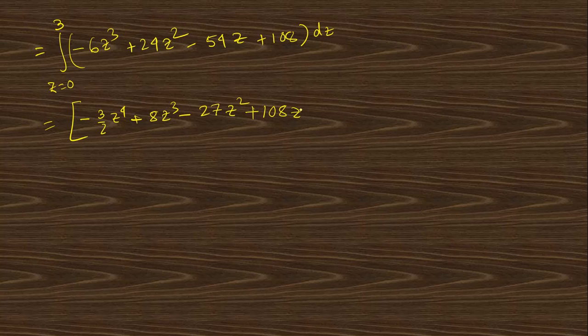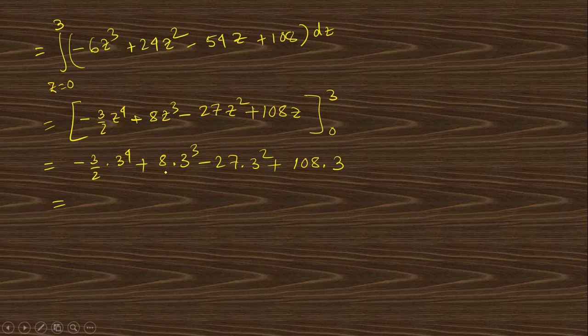Okay, just put the limit 0 to 3. So this becomes minus 3 by 2 times 3 to the power 4, plus 8 times 3 cube, minus 27 times 3 square, plus 108 into 3. Just calculate this, you must get 351 by 2.